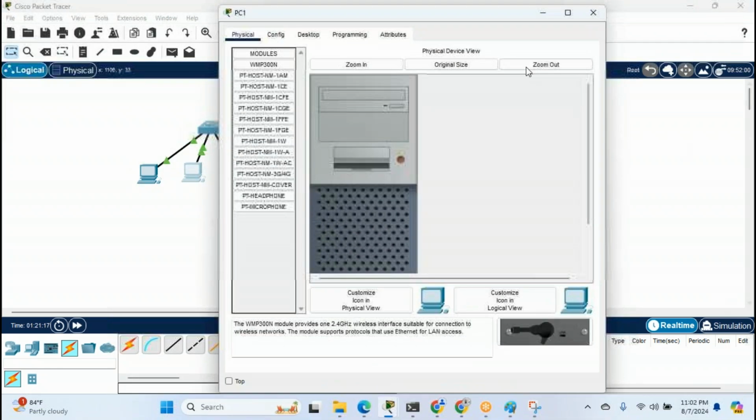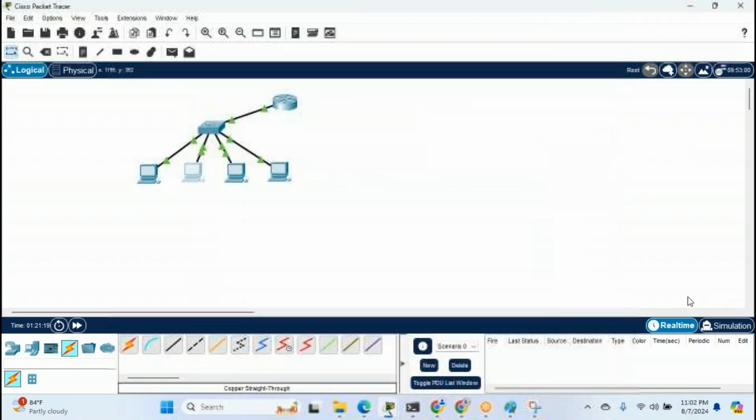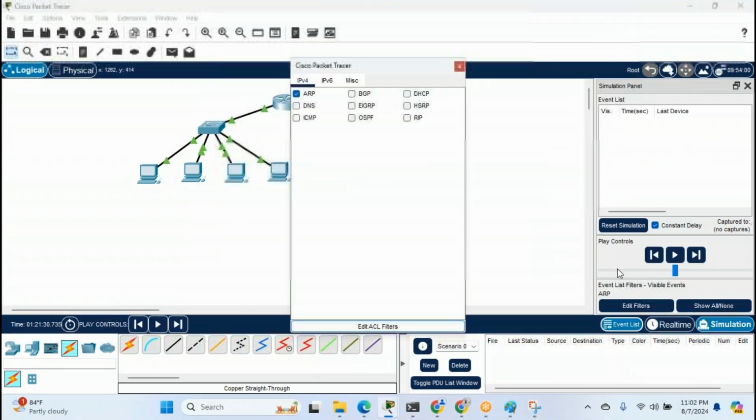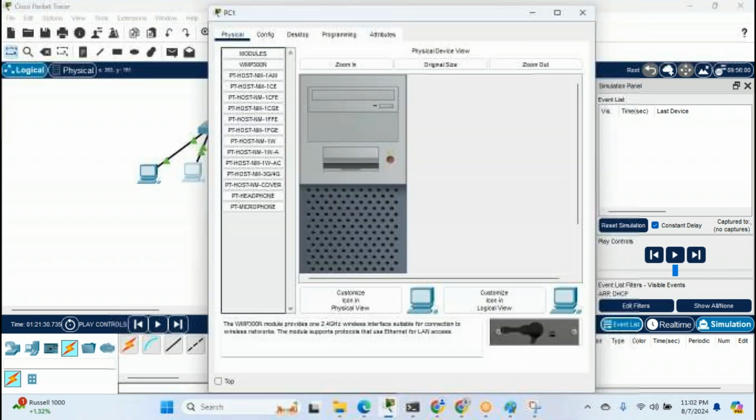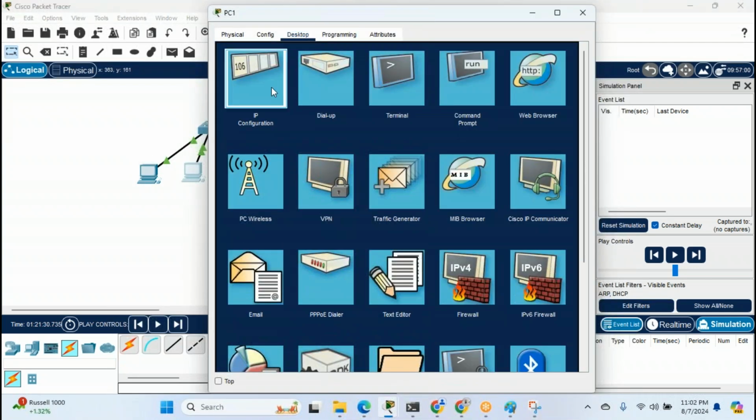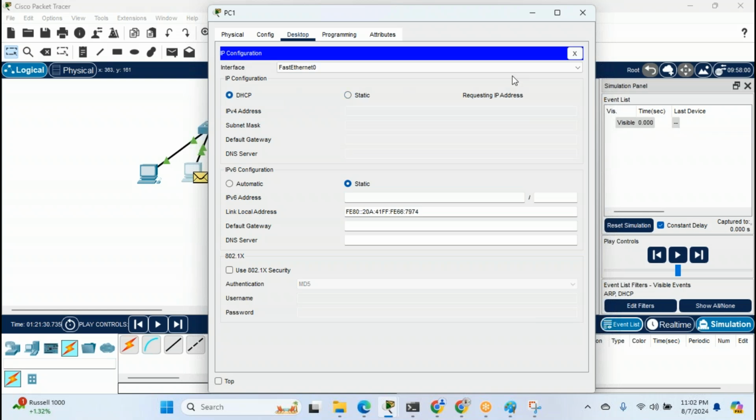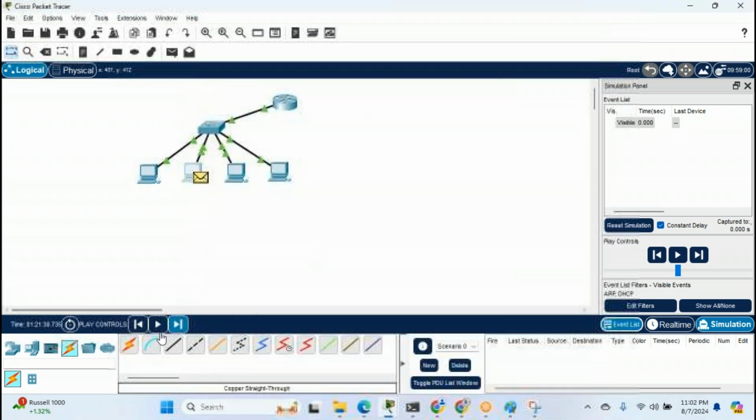So we go to this PC, edit filters, and I'm going to enable DHCP. So this is the DHCP discover message.